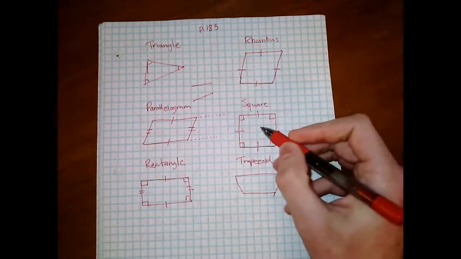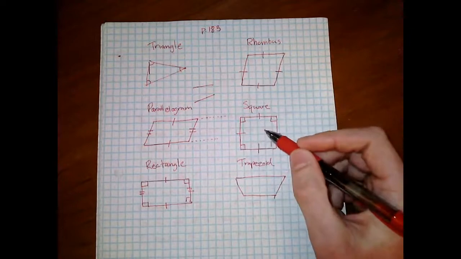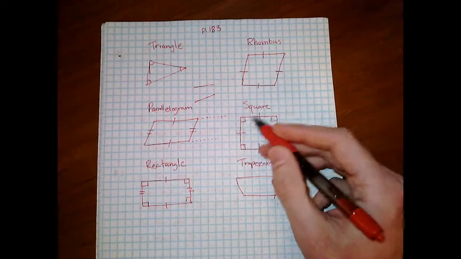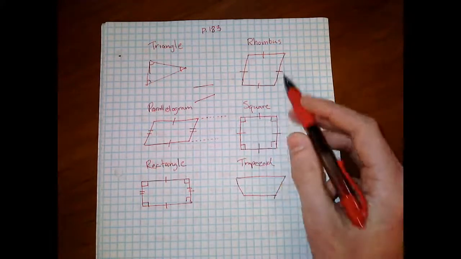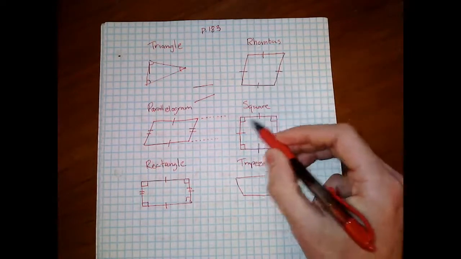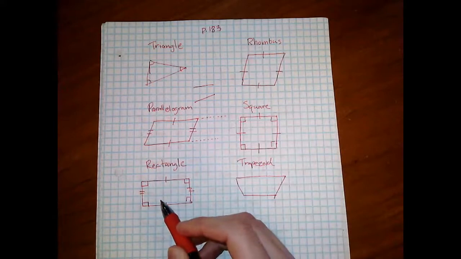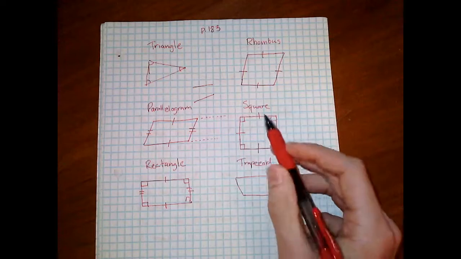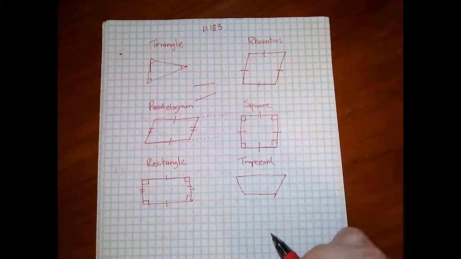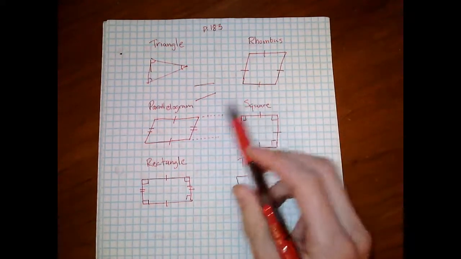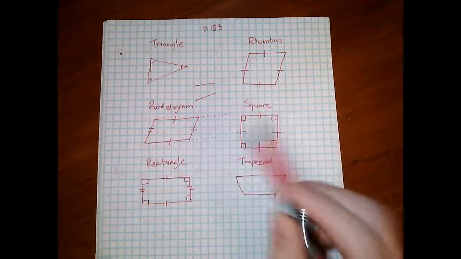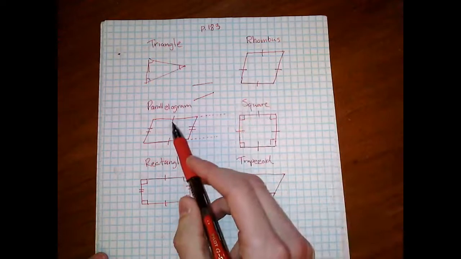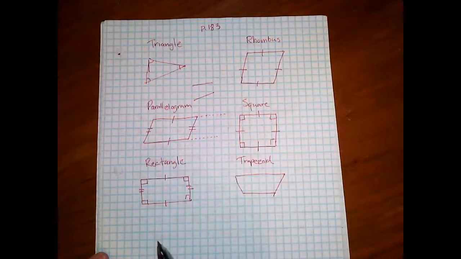Speaking of squares, squares are maybe the most specific shape on here. Squares are a rectangle with all sides of equal length. So it has equal length like a rhombus. It has right angles like a rectangle does. And all 4 of these are parallelograms because they all have 2 pairs of parallel lines. So these 4 are all somewhat related, but they're all unique. To touch on again what makes them each unique, a parallelogram just needs to have 2 sets of parallel lines.